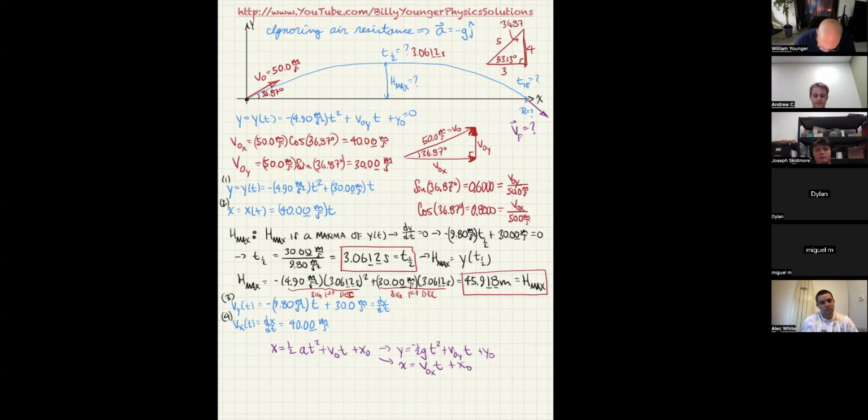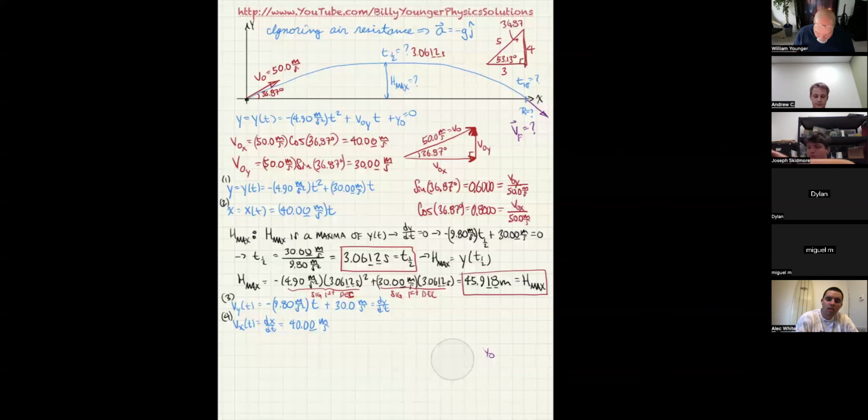I didn't take the time to write out all that stuff, but I just wanted to remind you that this H max as a maxima turned out to be exactly the same as us concluding that H max occurs when the y component of velocity is equal to 0. The same math, everything. It just was a different way of interpreting it. Now I'm going to erase this, and we're going to use that other method that a student suggested.